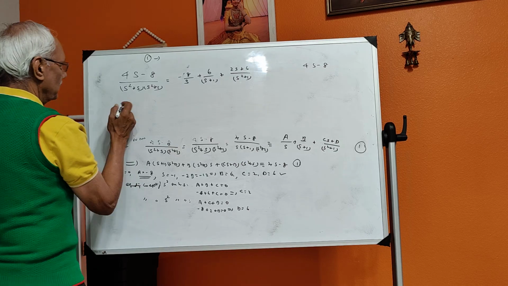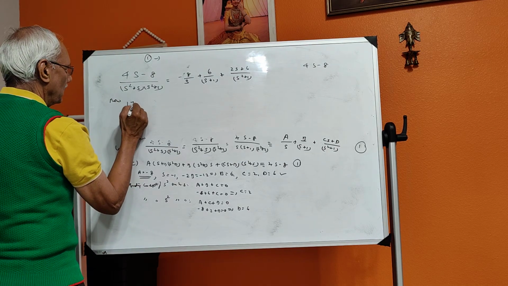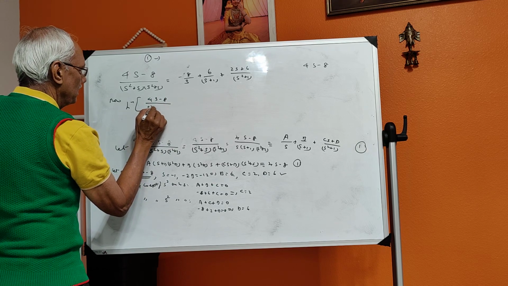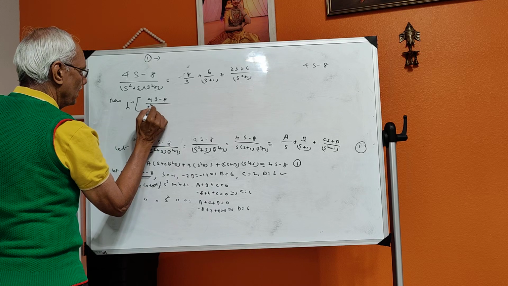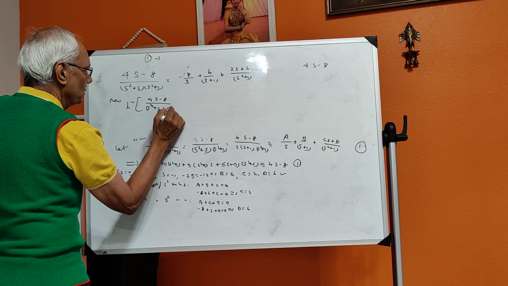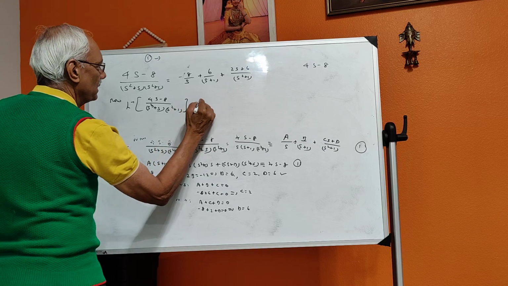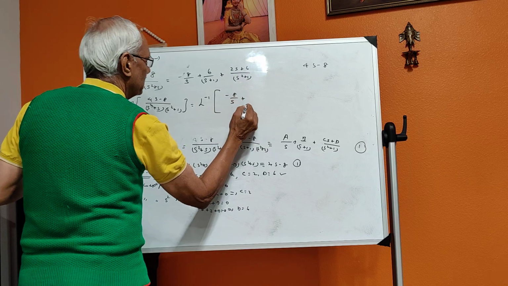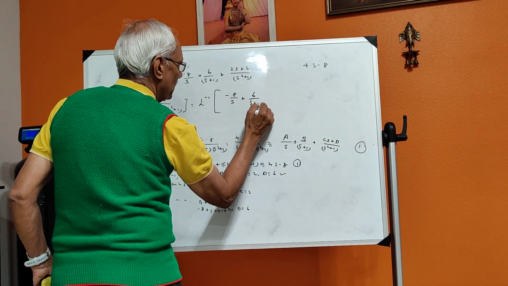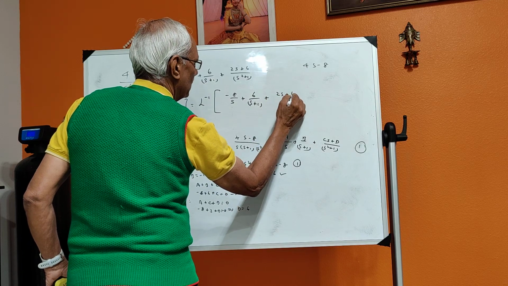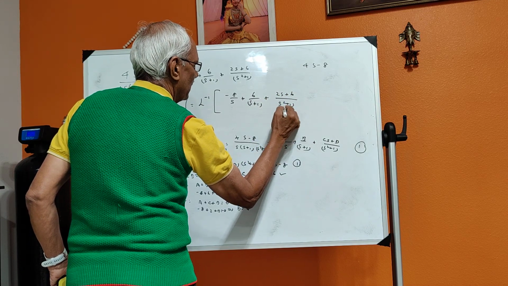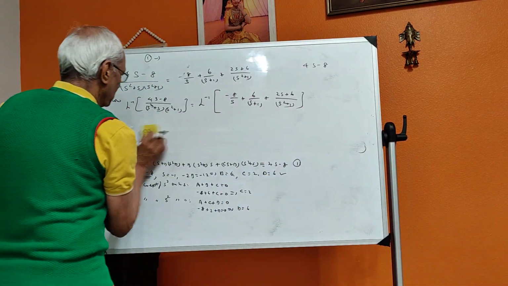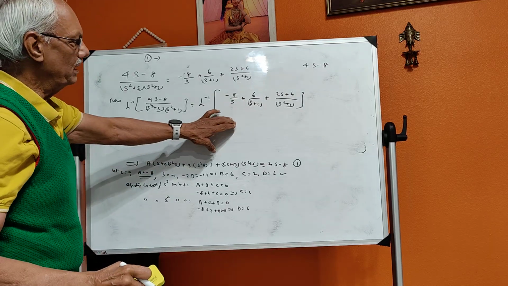Now, L inverse of (4s minus 8) divided by (s squared plus s) into (s squared plus 1) is equal to L inverse of minus 8 by s plus 6 by (s plus 1) plus (2s plus 6) divided by (s squared plus 1). Now you see that the inverse Laplace transform linearity property holds good.